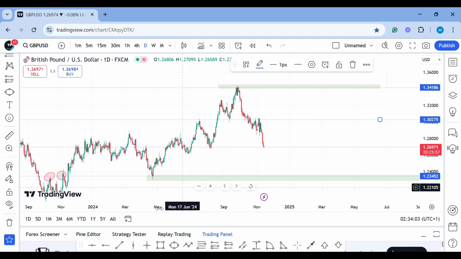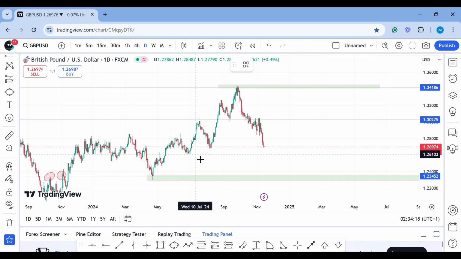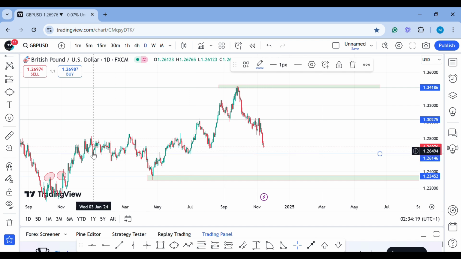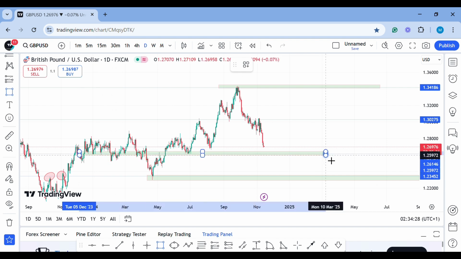This point on the daily for me, because the reason why I don't want to take any of these points is that I don't see a clear reaction within them. There's one clear reaction here. I will also take this one, a clear reaction here. You can see how the market reacted from this point to this point.